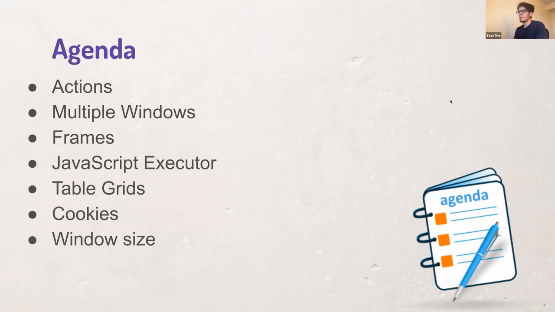Table grids are basically the elements with a table. Sometimes you will need to grab all the values inside the table and interact with them as well. And also cookies. Cookies are basically session values.